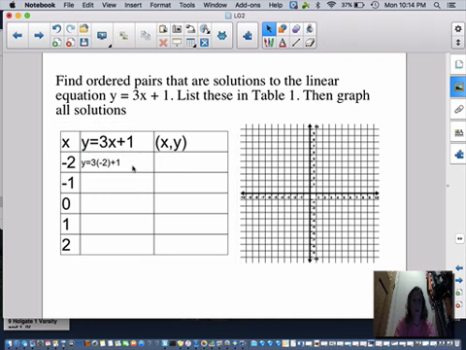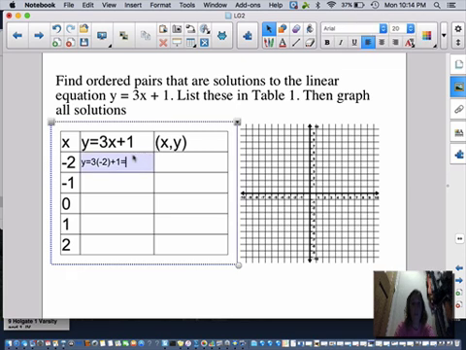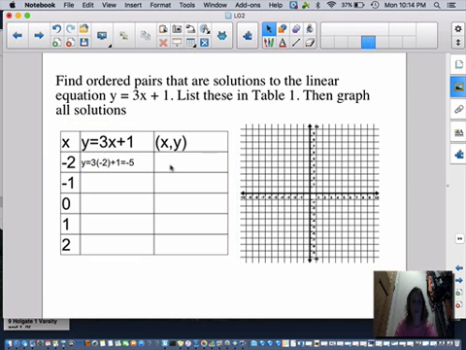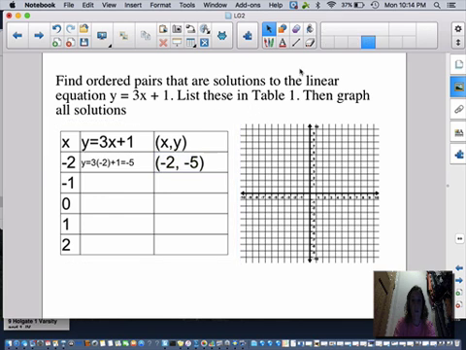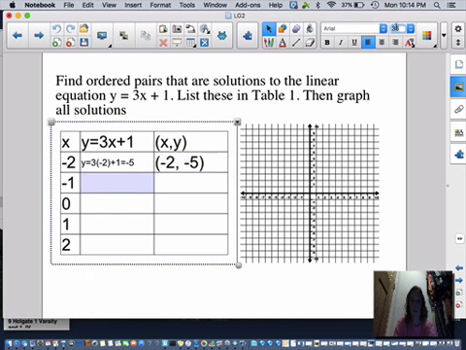Okay, and I can go ahead and solve that. 3 times negative 2 is negative 6. Negative 6 plus 1 is negative 5. So my ordered pair here, x was negative 2, and I solved for negative 5. All right, here we're going to do the same thing. However, we're plugging in negative 1.